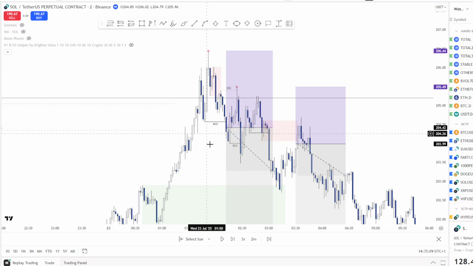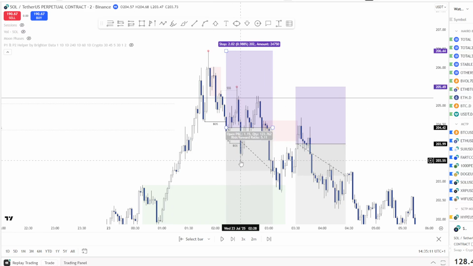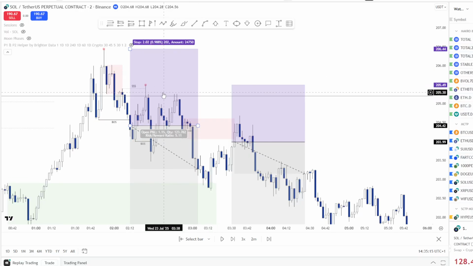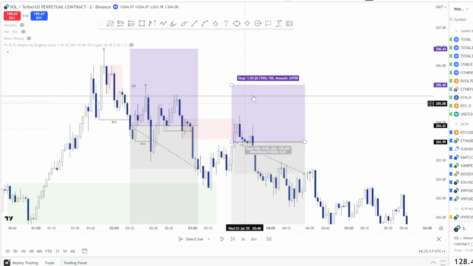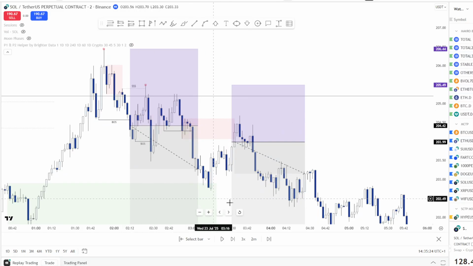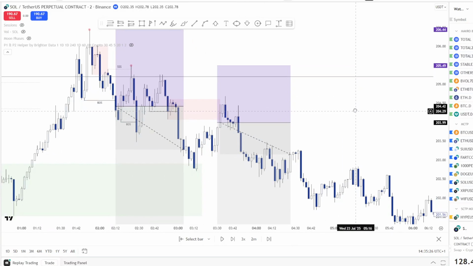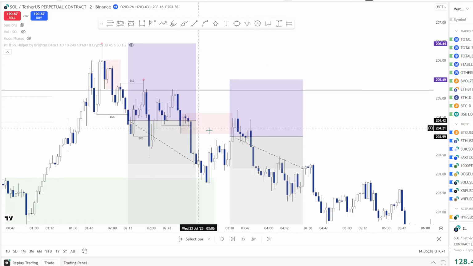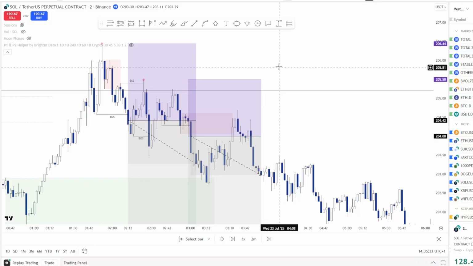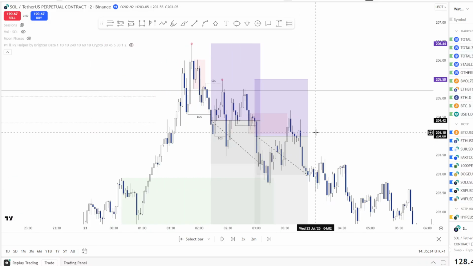We grabbed the liquidity, broke back to bearish a second time, went up, broke again here. Yeah. And here was a re-entry like this. Yeah, okay.